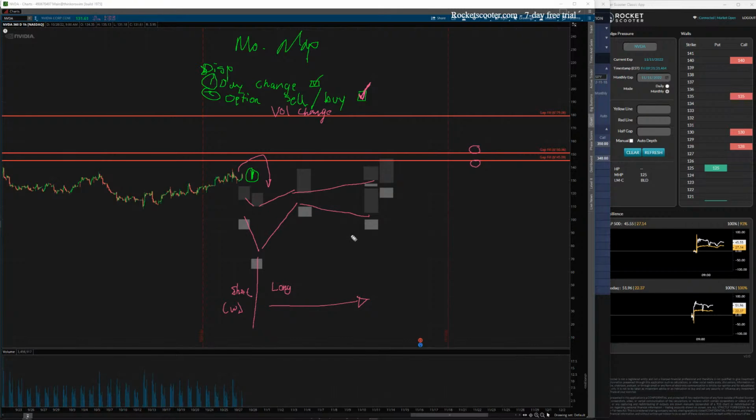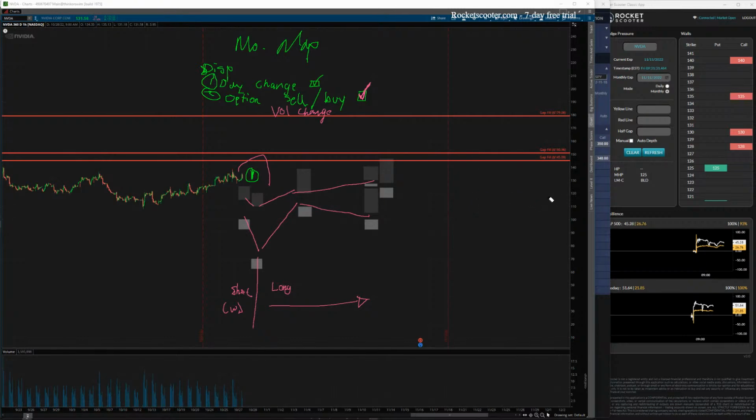So what I can say, today, if I want to buy Nvidia, for example, say I want to get 150 calls on Nvidia. And for monthly map, the idea would be I can come over here and, dude, I'm getting so many different ideas here.